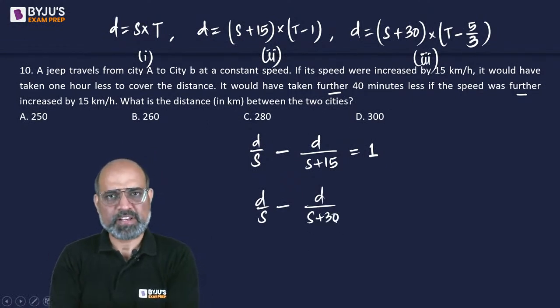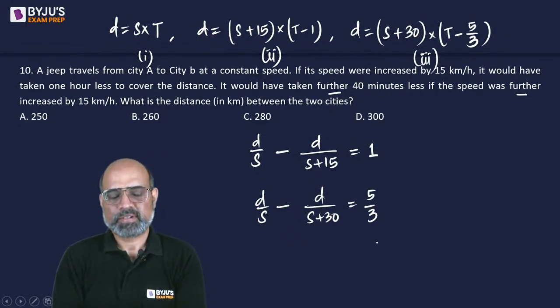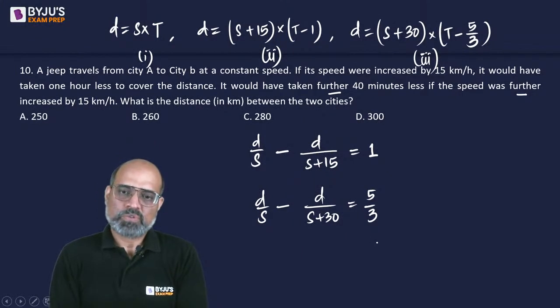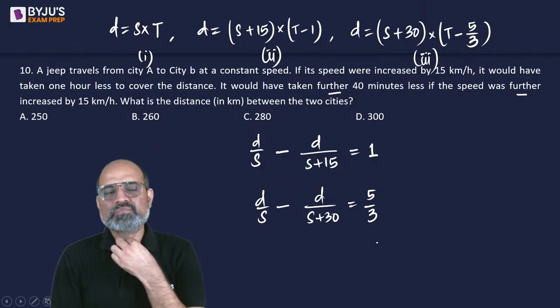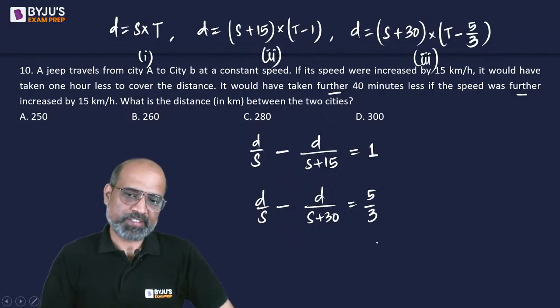So t and t will cancel out and this is going to give us 5 by 3. Right? और अगर मैं उससे सॉल्व करूंगा तब भी क्वाड्रेटिक आएगा.